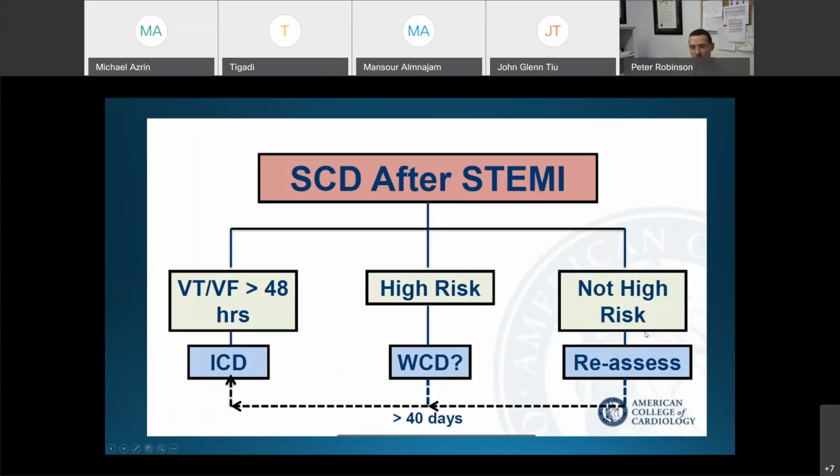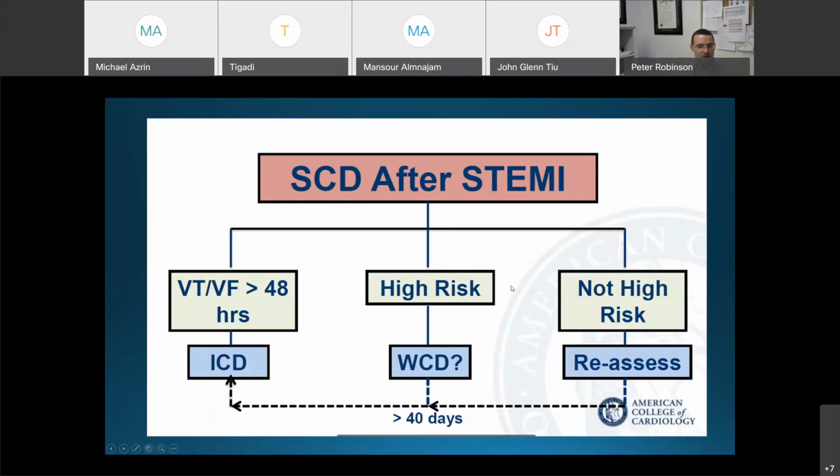But we also start worrying about folks who are having non-sustained VT after 48 hours after their event. Maybe folks who already had sudden cardiac death, maybe those who are not completely revascularized. I don't have any obvious high risk criteria that I'm aware of. It's been looked at, but it's more of a clinical gestalt that I'm aware of.